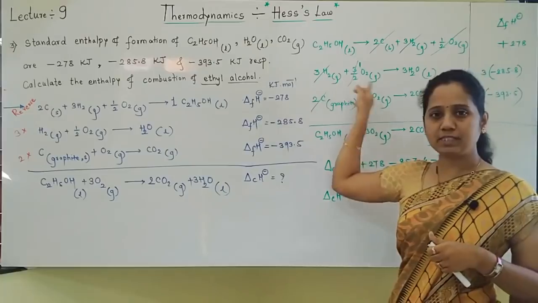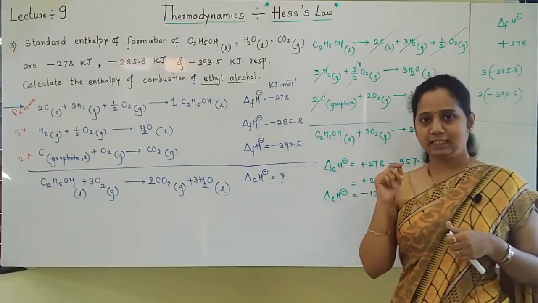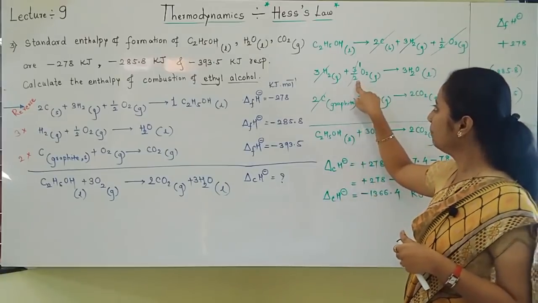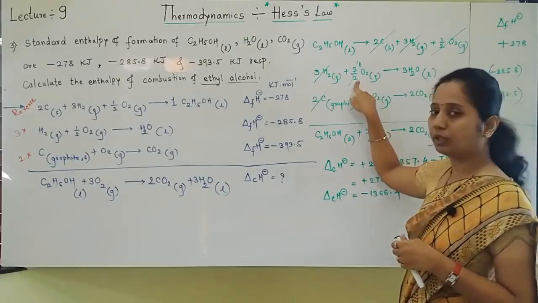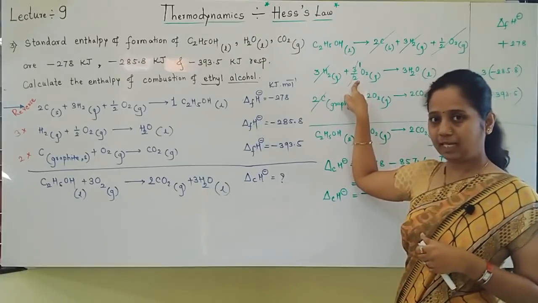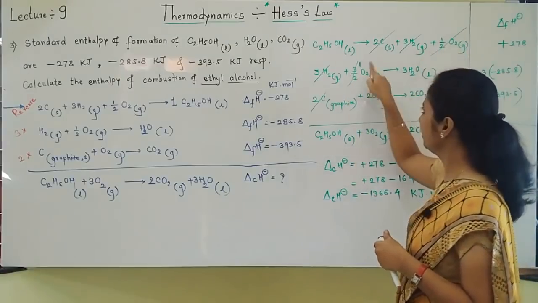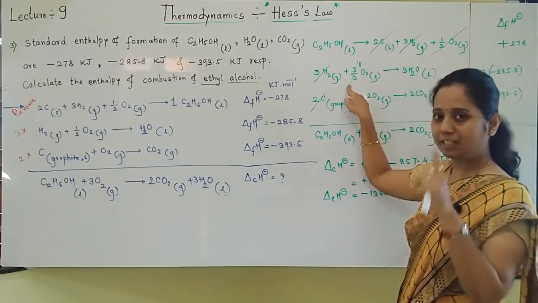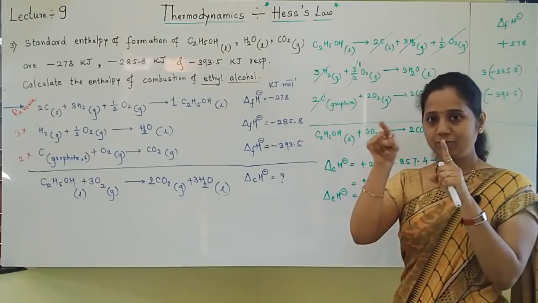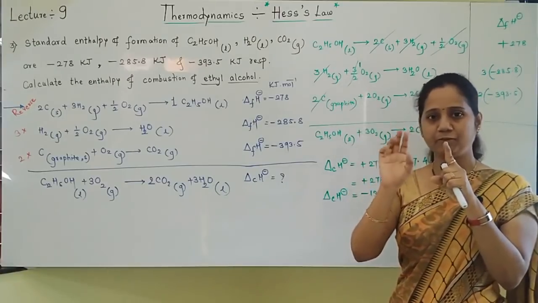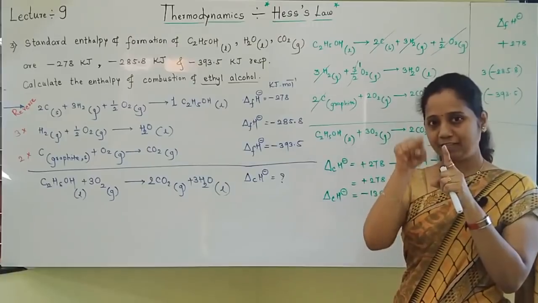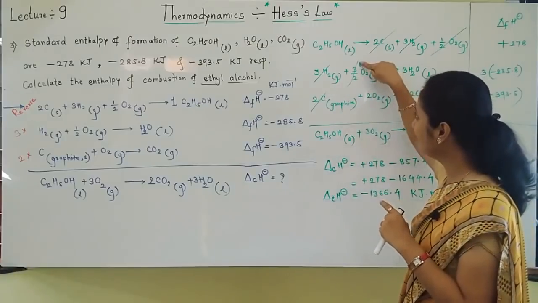3 by 2 oxygen means how many oxygens? 3 by 2 means total 1.5. Correct? Half is cancelled with half, and what is left is 1. 1.5 was there, 0.5 is cancelled, 0.5 means half, so left is 1. So I wrote only 1 here.